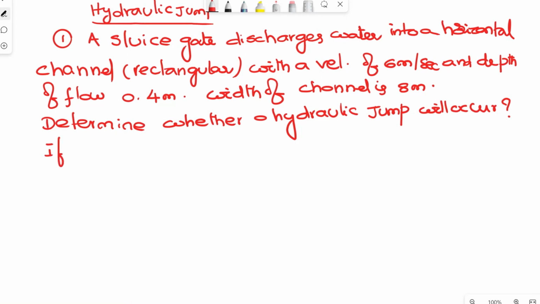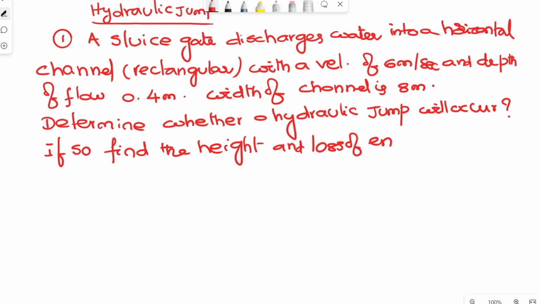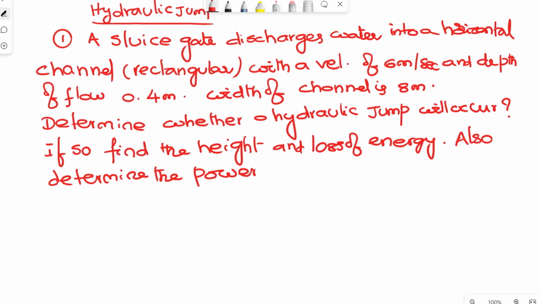If so, find the height of jump and loss of energy. Everything has come now in this one problem. Also determine the power lost in the hydraulic jump.